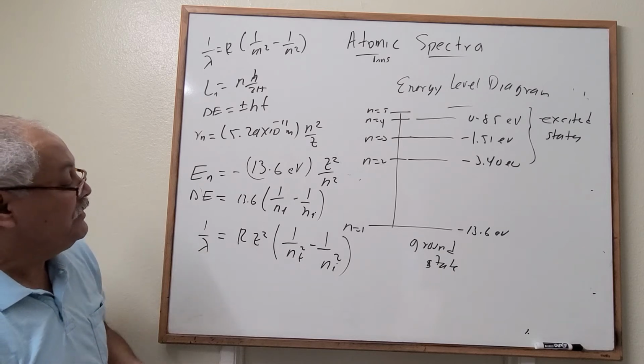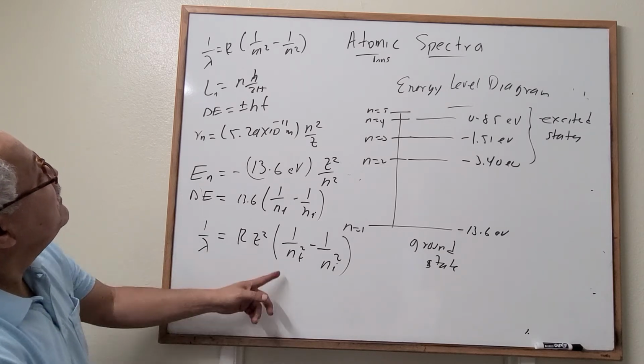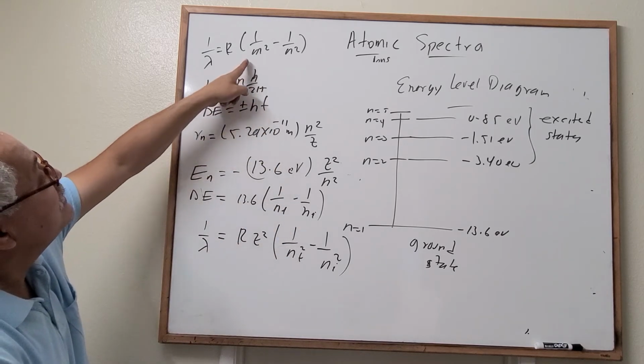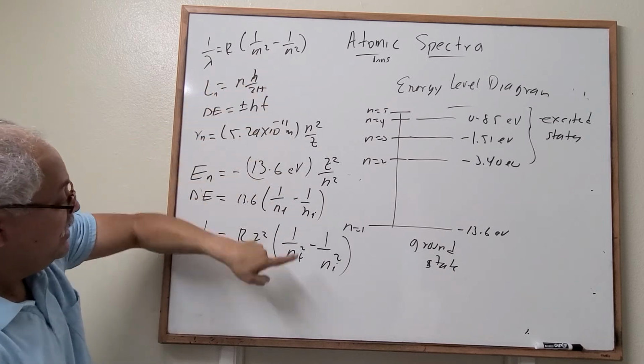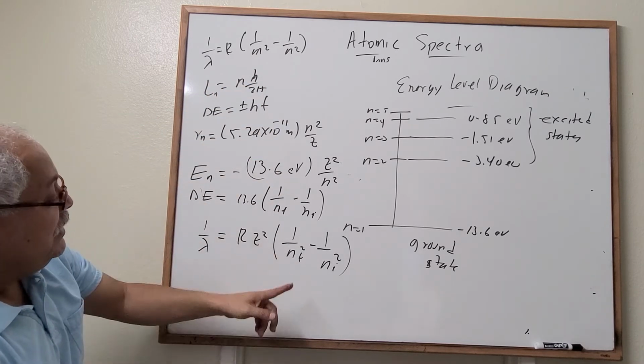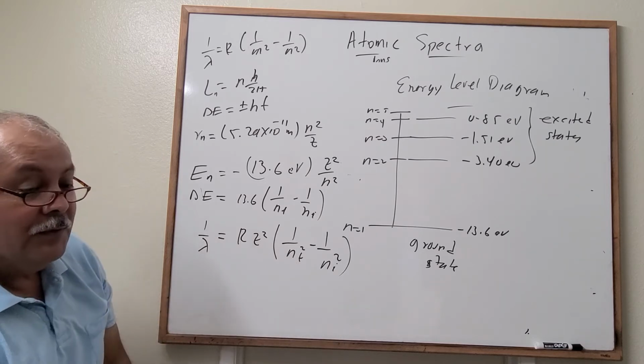These formulas help us solve again. Remember, it's very similar to this one, correct? This is for a different transition right here, but we have final and initial transitions. Great.